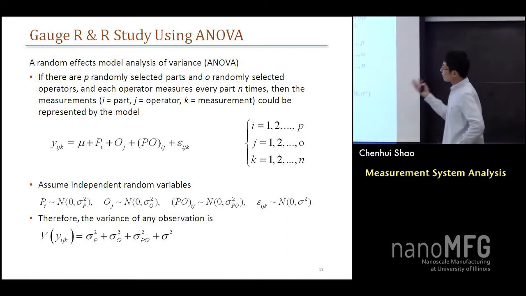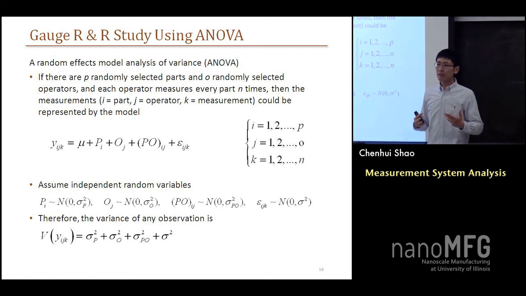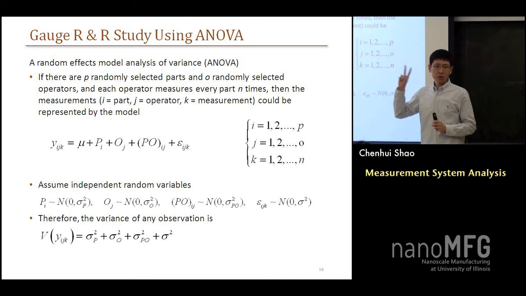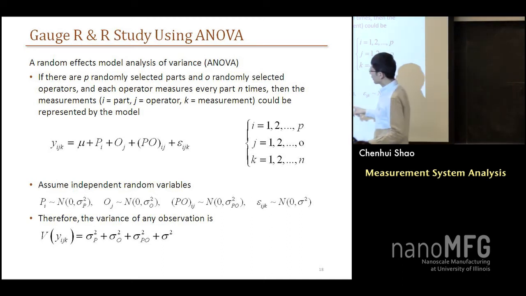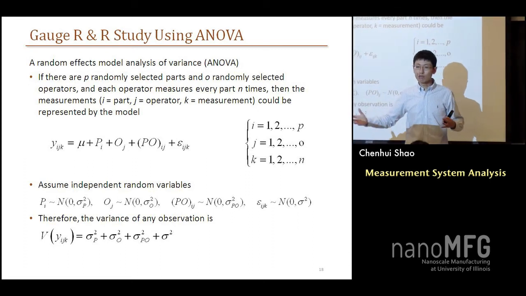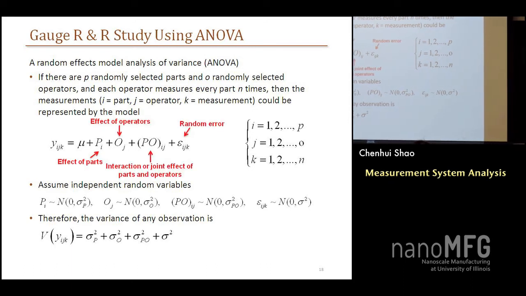The idea of ANOVA is that you have a measurement, and the measurement variance comes from several sources: part, operator, repeated measurements, and the interaction of part and operator. By using some linear regression models, we can have this model.